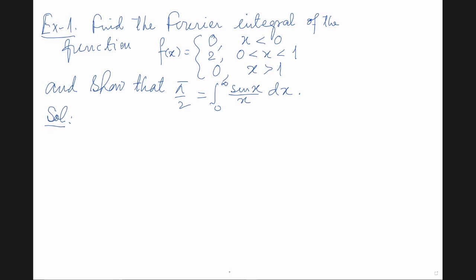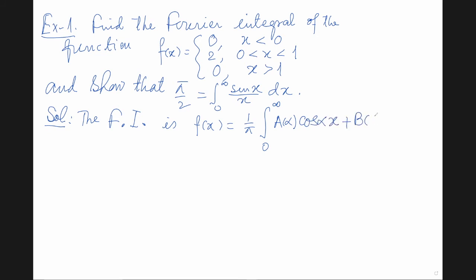What is the Fourier integral? f(x) equal to the integral of A alpha cosine alpha x plus B alpha sine alpha x, with integration with respect to alpha.